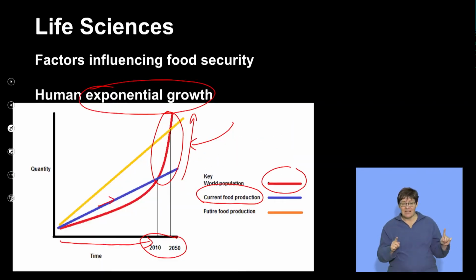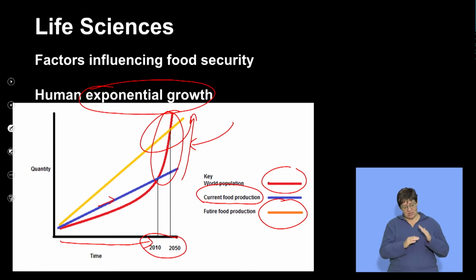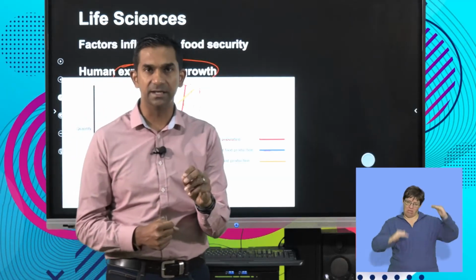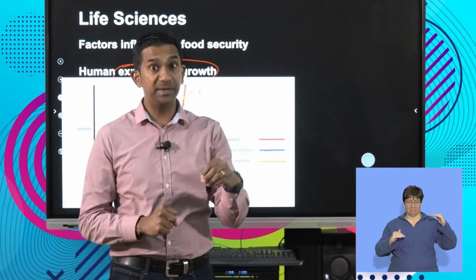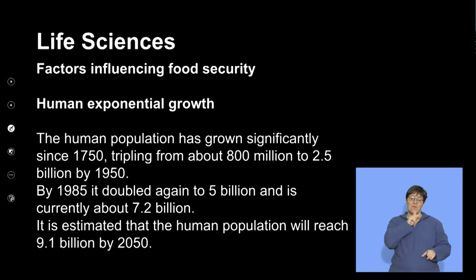However, a concern is that it is projected that our future food needs are significantly out of sync with our current production. And this creates a concern, meaning that our current production of food will not be able to sustain the future demands of the population. And so that's a significant concern in terms of food security for the future.